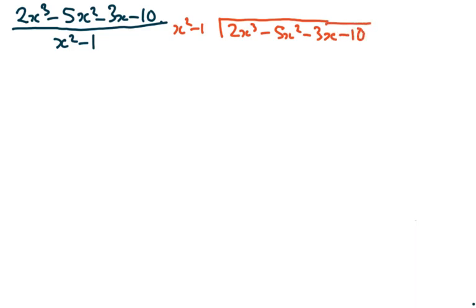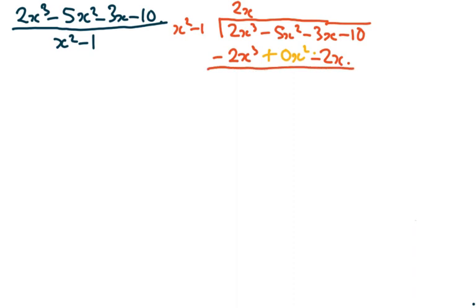Now you times that, 2x times x squared is 2x cubed. Then you minus, and 2x times negative 1 is negative 2x. There's no x squared, so I'm going to write this as plus 0x squared, and then 2x minus 1 is minus 2x.